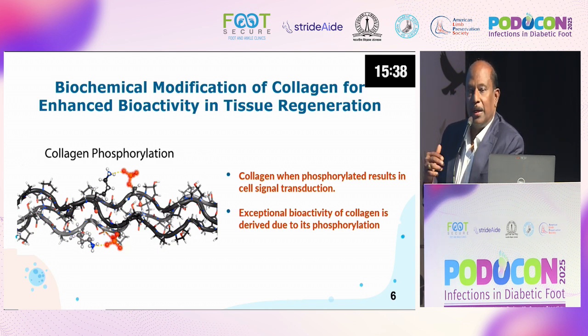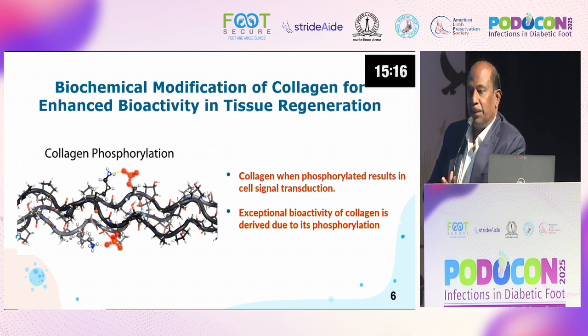So once there is a repair to be made, all these cell lines have to be recruited. But in our biological system, all the cell lines are not lineated and circulating in the body all the time. So we have these stem cells. The stem cells have to be recruited at the site of repair. How it is done, that's where the post-translational modification of a protein comes into place.